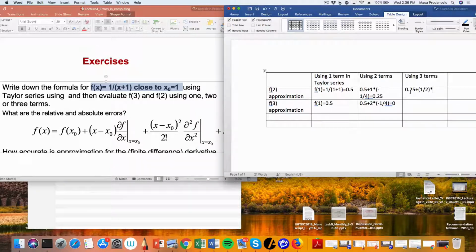So this is f prime of 1 in both cases. What changes is this difference here. In the first case, I'm doing 2 minus 1 times f prime of 1, and in the second case, I'm doing 3 minus 1 times f prime of 1. F prime of 1 in both cases is the same. It's minus 1 over 2 squared.